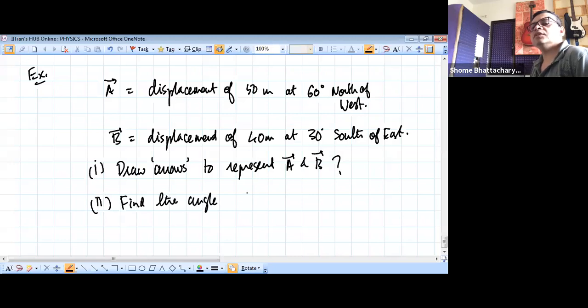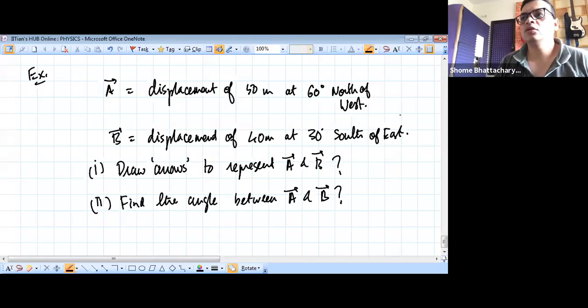Another thing we can do, once we have drawn vector arrows, is find the angle between two vectors using that diagram. So try this out, people. Draw the two vectors as arrows as described in this, and tell me what is the angle between vector A and B.